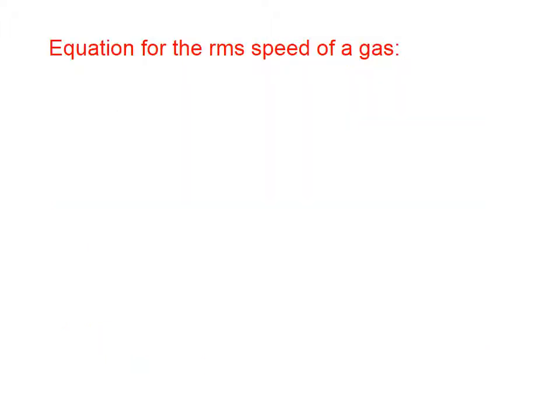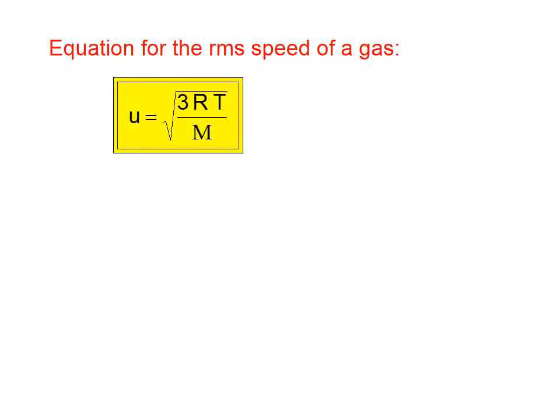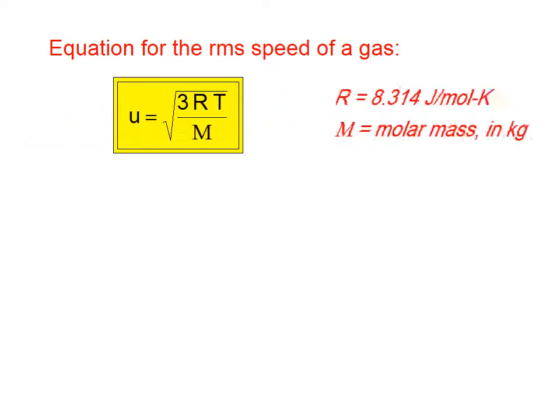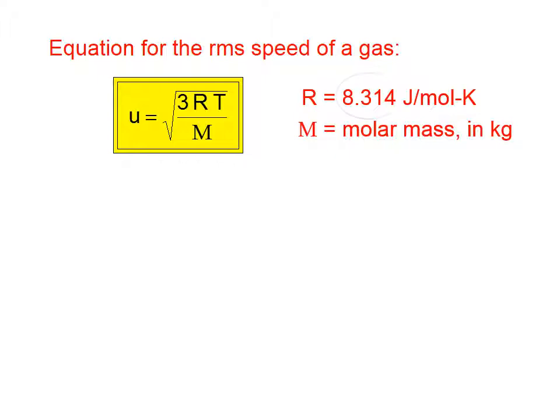The equation for the RMS speed of a gas is given here. It's symbolized by a letter U, and it's equal to the square root of 3RT divided by M, where R is the universal gas constant, and here it must be the 8.314 variety.